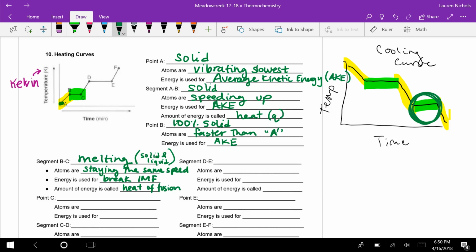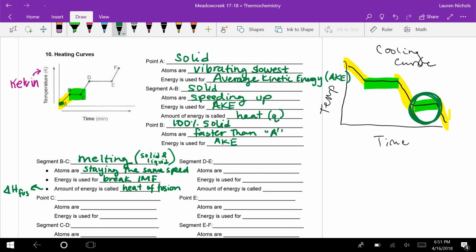Heat of fusion is often written as delta H fusion. We'll talk about what delta H means, and we'll see this come back up again. But for now, I want you to connect the word fusion with melting and freezing. It requires the same amount of energy to do both.